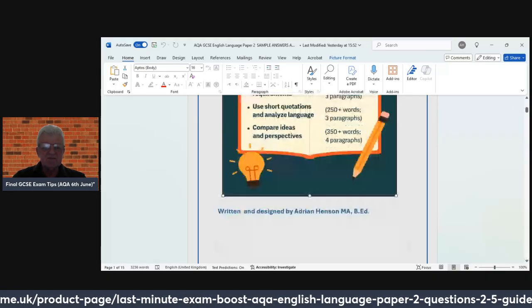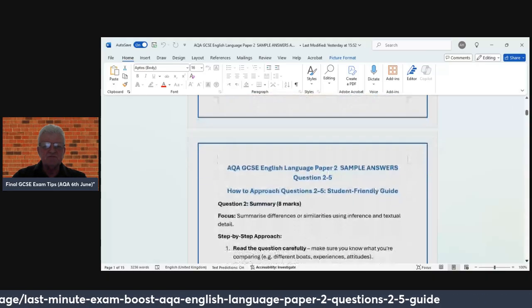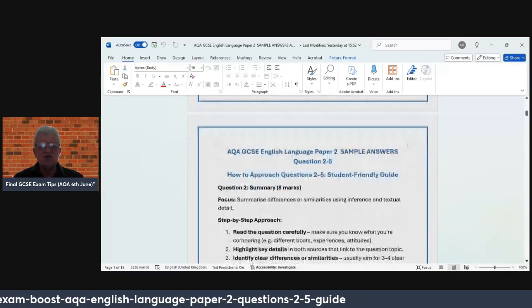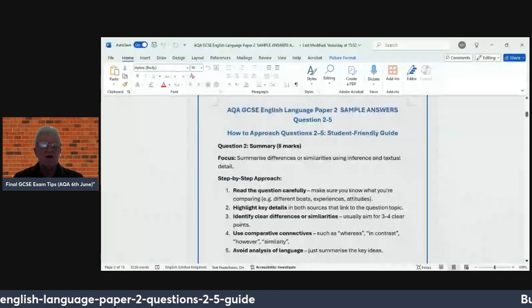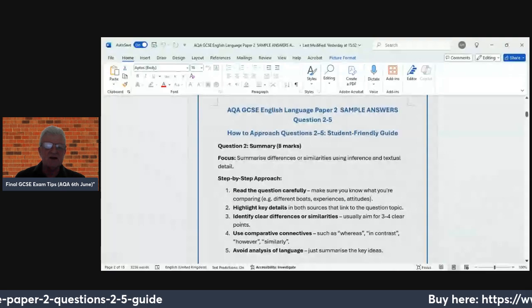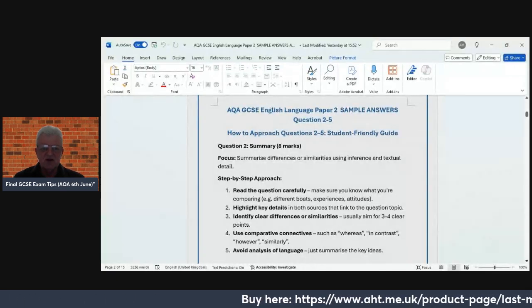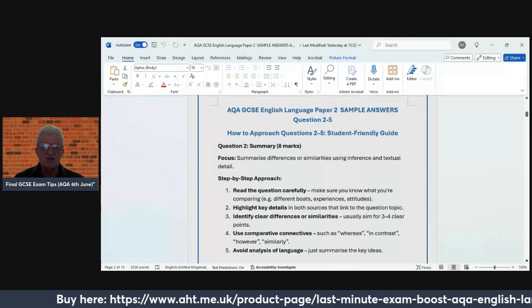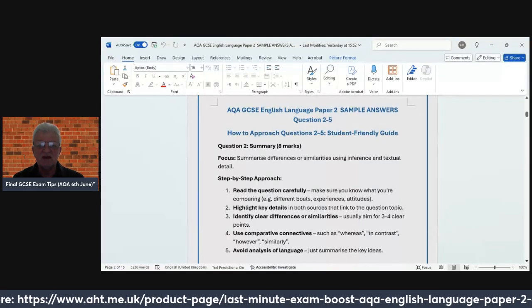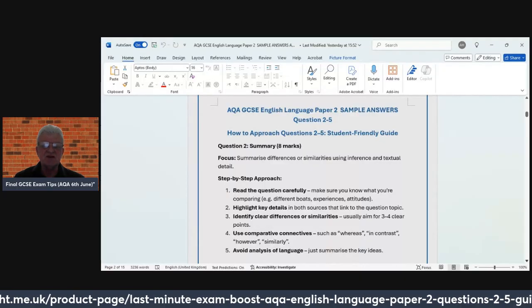So this is the actual guide at the beginning. It tells you about question 2, and it explains that it is 8 marks, and it tells you what to focus on, and it does it more specifically. It says summarize differences or similarities using inference and textual detail.